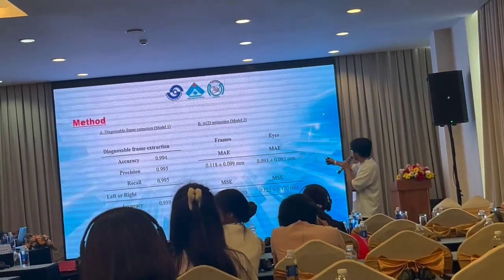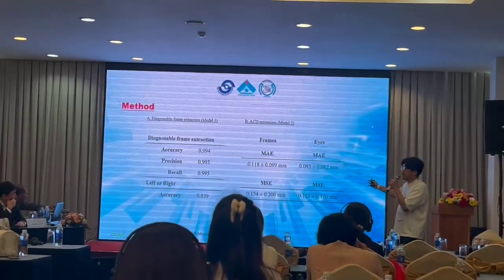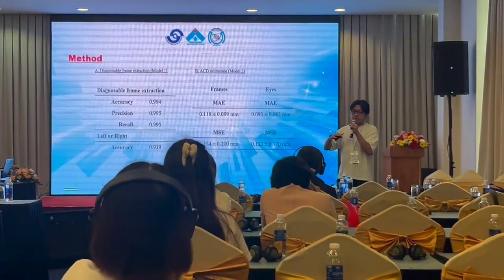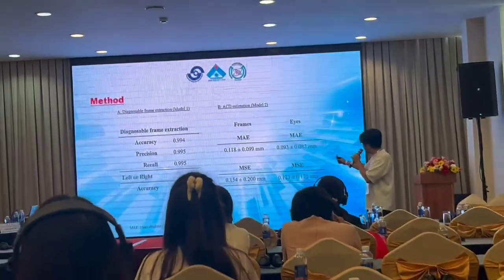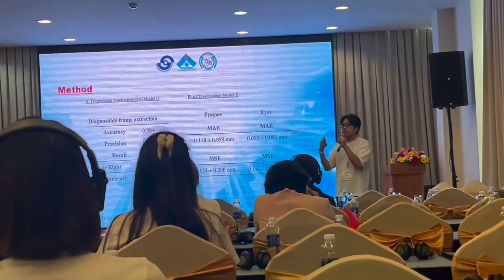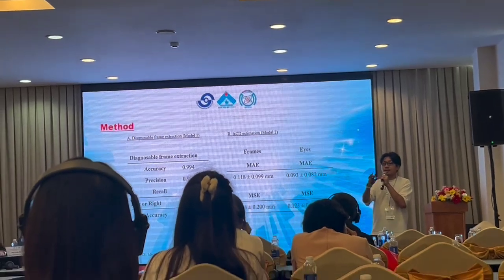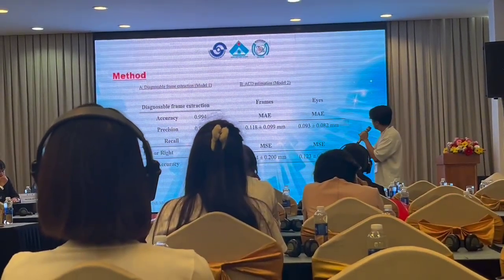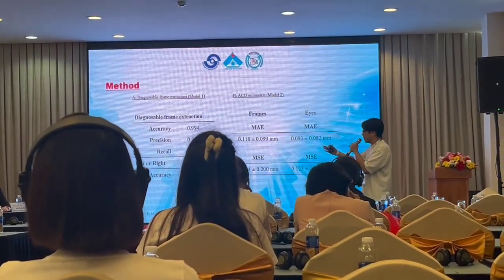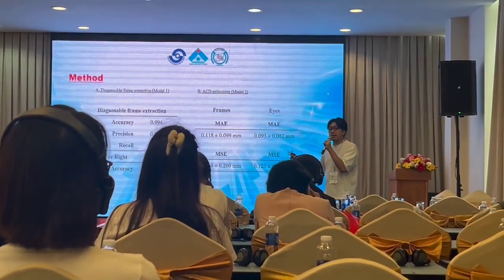Now, as you can see on the frames, the MAE and MSE were pretty low, which means plus minus 0.118 millimeter. So if the AI suggests the patient's eye is, for example, 3 millimeters, the real range is only 0.118, which is pretty accurate.